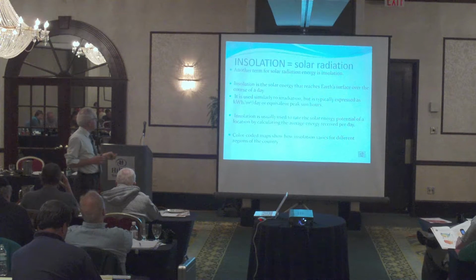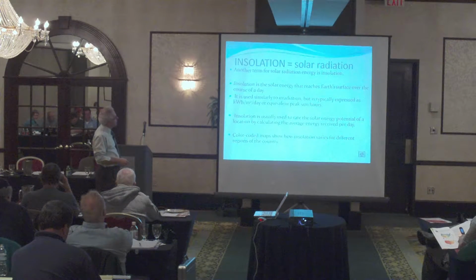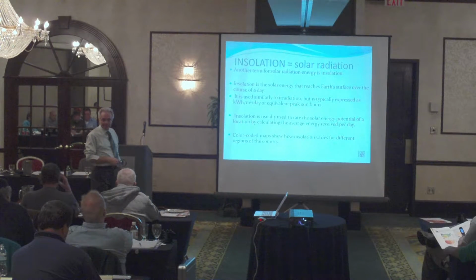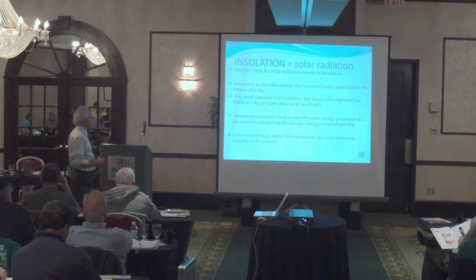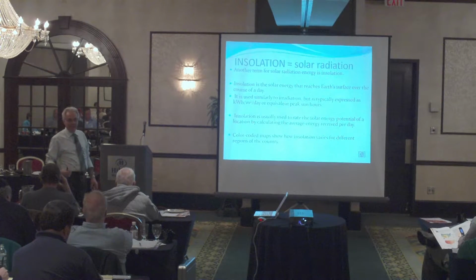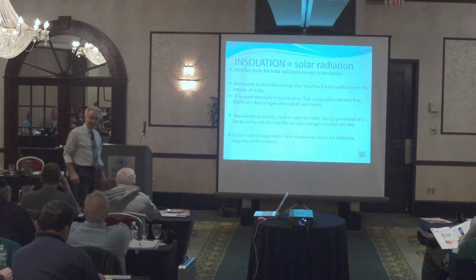That's it. It is very similar to radiation, but it's expressed in kilowatt hours per square meter per day. This is the number that you will need in order to do the calculations and the analysis that is required for you to design the system. Okay.